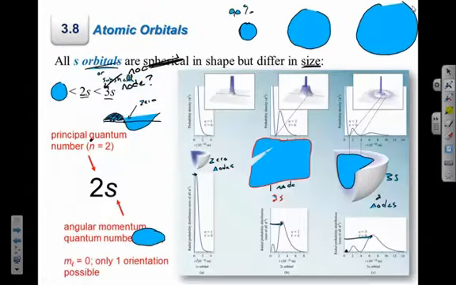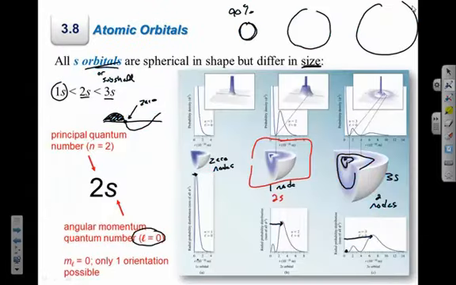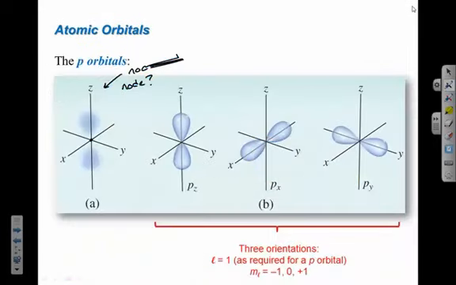If you recall, just a minute ago, the S orbital had spherically shaped nodes, right? The nodes were a sphere at a specific distance away from the nucleus where the electron could not be. What's the shape of the node in a p orbital? In a p orbital, the node is a plane.